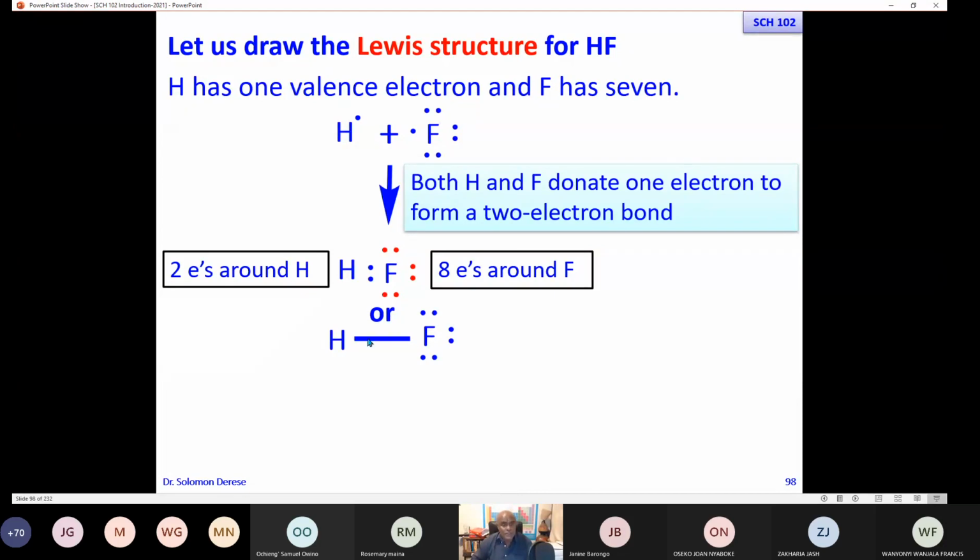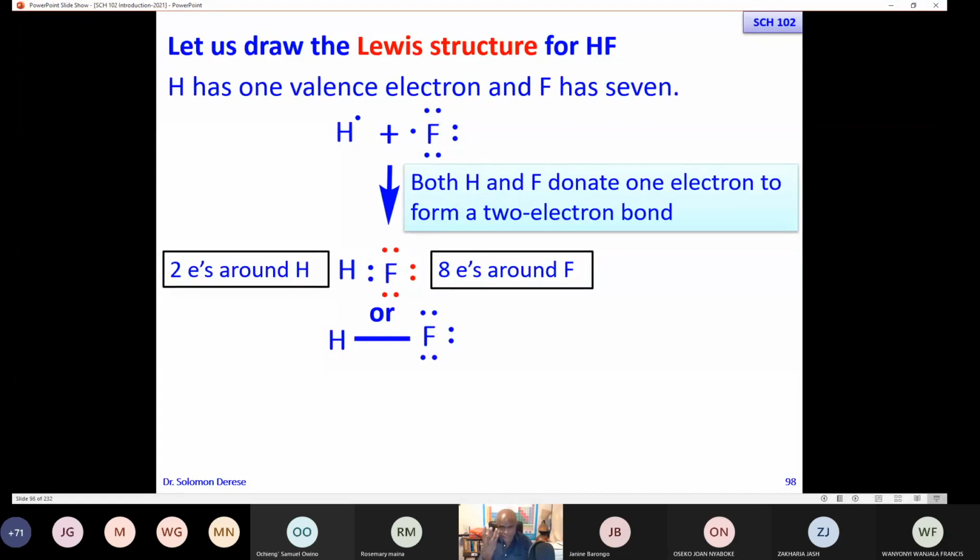If you have 2 solid lines, that's a double bond, representing 4 electrons. If you have 3 solid lines between atoms, that represents a triple bond, and each solid line is a result of sharing 2 electrons. As a result, 3 solid lines represent 6 electrons.